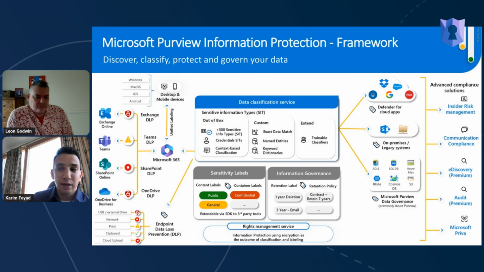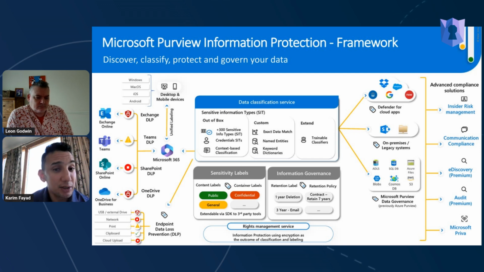If it contains the sensitive information type, it has credit card information, put the label confidential, and also add a header or a footer to this document. You can add a watermark, for instance, in the case of contracts. So we can help you label documents and have some sort of a tag on top of the document just to let you know how confidential or how sensitive this document is.